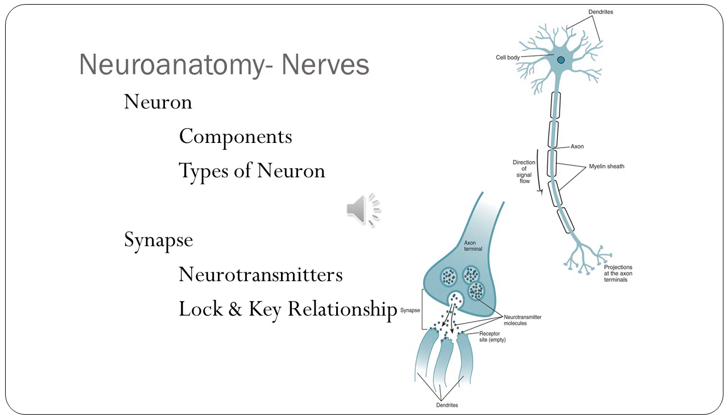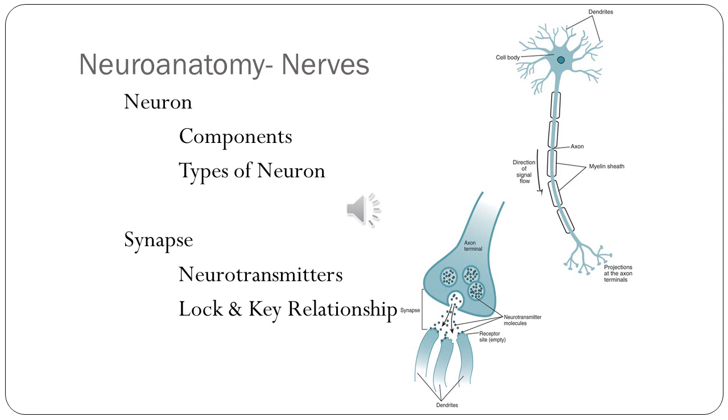Basically, the dendrites take information to the cell body, and axons take information away from the cell body. You can see the direction of signal flow illustrated in the picture here. You also notice there's a myelin sheath, which is a covering of the axon. The myelin sheath permits information to be transmitted faster. So nerves that do not have myelin sheaths do not transmit information as quickly as those that do.